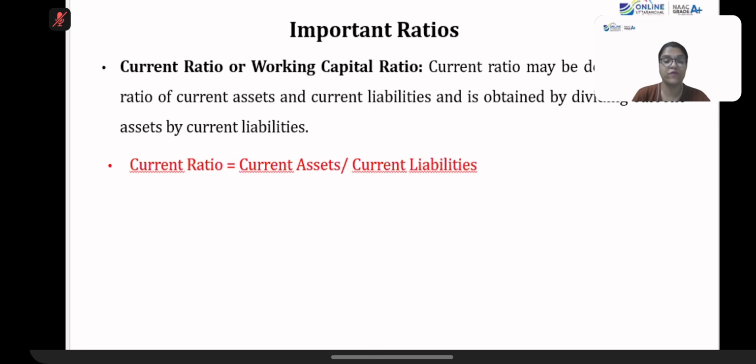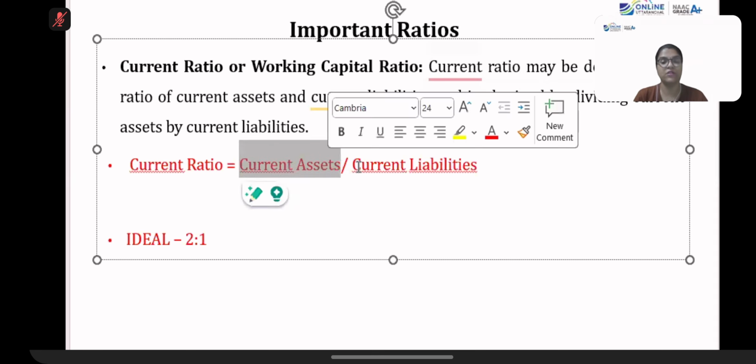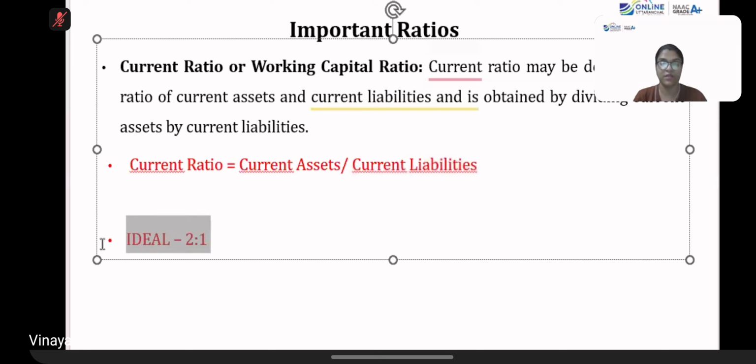So there you have to identify where all the necessary steps have to be taken. The ideal current ratio for a company is 2:1. That means 2 part would be your asset, 1 part would be your liability. Okay, just remember this.